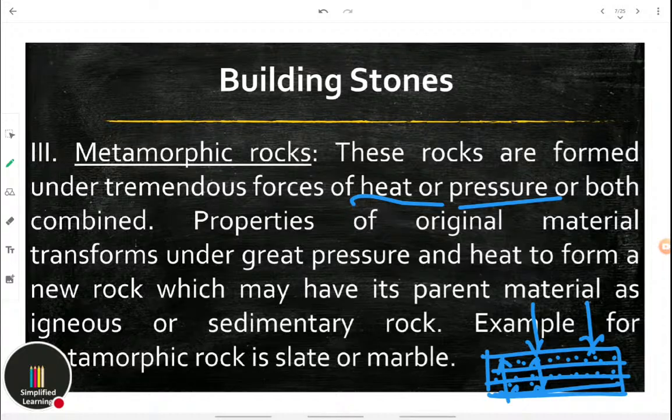It may derive some properties from its parent material, or it may have altogether new properties from the parent material. This specific kind of rock is called metamorphic. Metamorphism is the process by which this rock is forming.